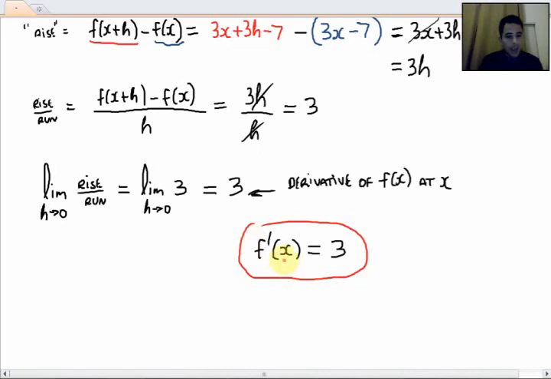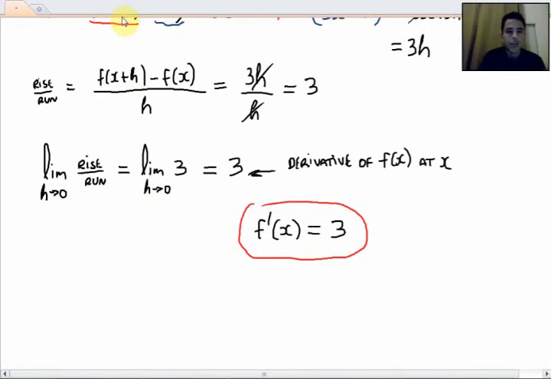Okay, find f prime of x, or f derivative of x. Then we can use that to figure out the derivative at x equals 1, and the derivative of f of x at x equals 2. So we can figure out all the other ones very easily. And so here, f derivative at 1. Well, here's a formula for it. We found it. What happens if I plug 1 in here for x?